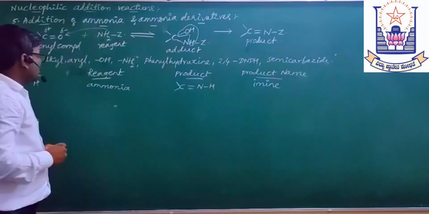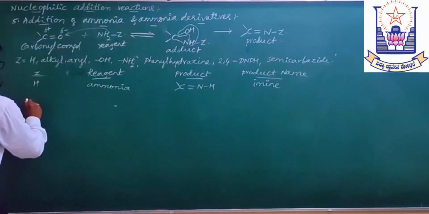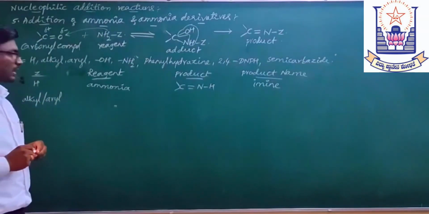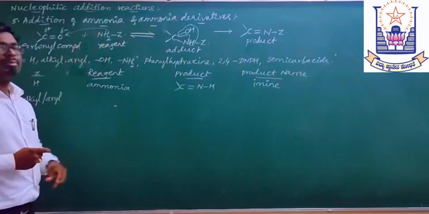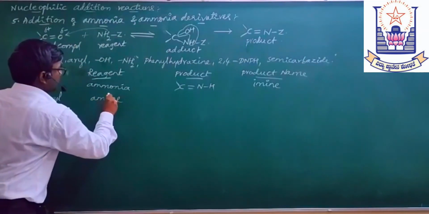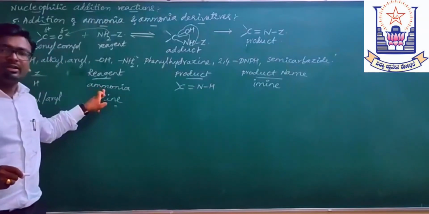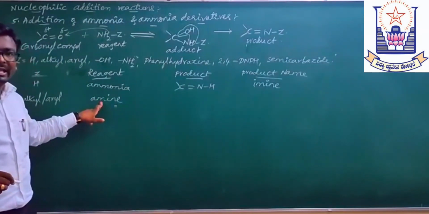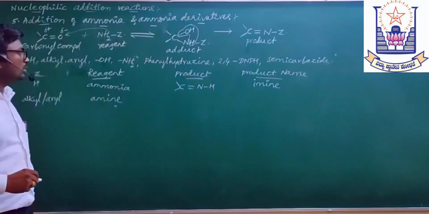When Z is equal to an alkyl or aryl group, then the reagent will be called an amine. Look at the difference: ammonia has 3 Hs, and in amine only 2 Hs are there. This you have to note.